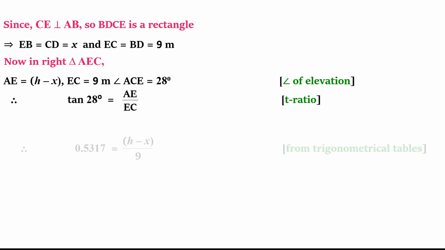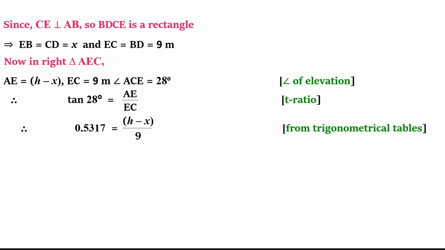From the trigonometrical tables, tan 28 becomes 0.5317, AE is H minus X and EC is 9. So from here I get the value of H minus X as 9 into 0.5317, which is 4.7853.